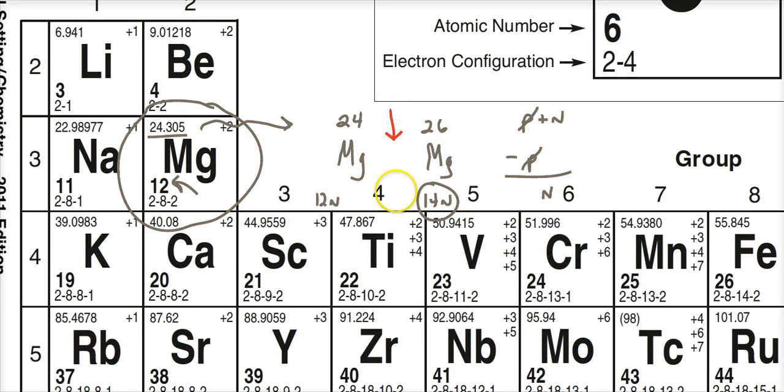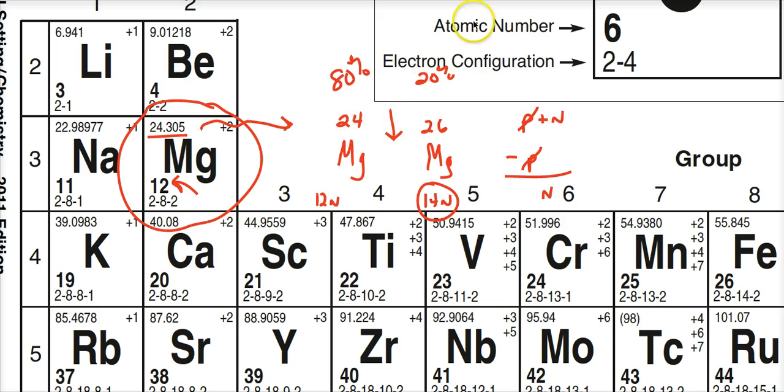And you'd be right. But this is a weighted average, meaning that we consider the relative abundances of each of the isotopes that exist in nature. Case in point, let's pretend that 80% of all the isotopes in nature are magnesium-24, and only 20% of all the magnesiums found in nature are magnesium-26.